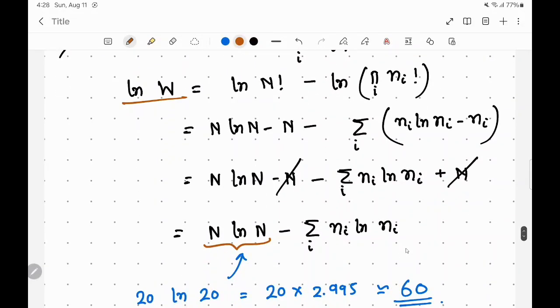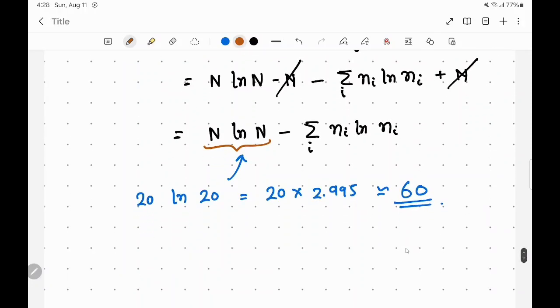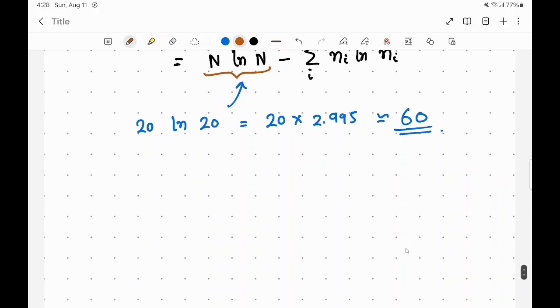So how will the d come? So in the question, ni dni is written, but probably that should be ln ni. Probably the typo is there. Whoever made the question typed something like d, that's why probably this typo is there.